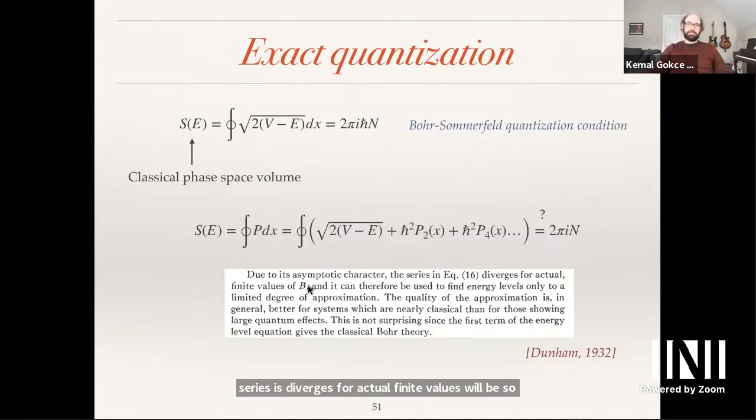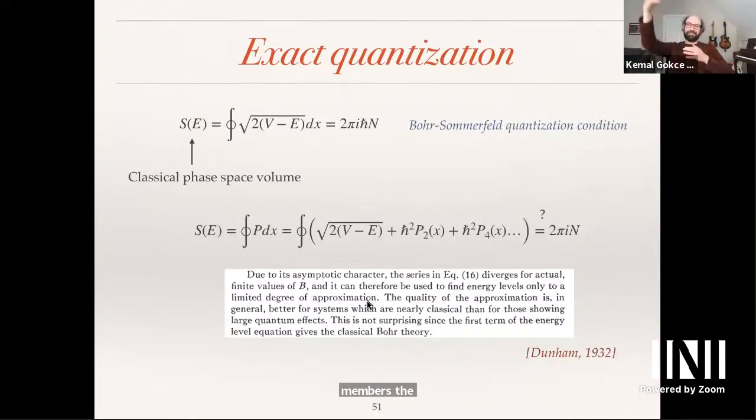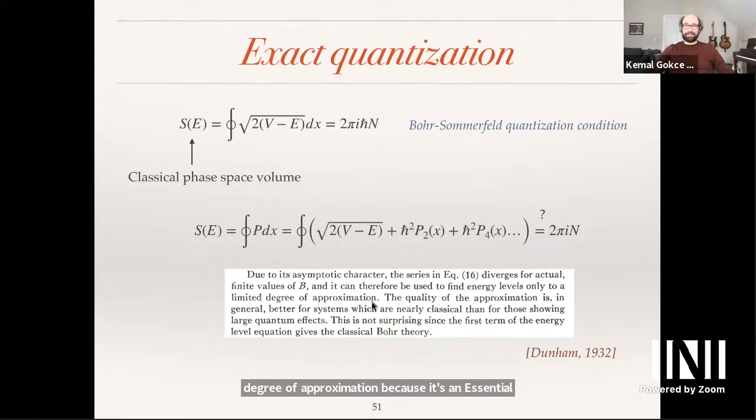And it can therefore be used to find energy levels only to a limited degree of approximation because it's an asymptotic series. I think he's talking about optimal truncation. The quality of the approximation is in general better for systems which are nearly classical, H bar is small. For those showing large quantum effects, this is not surprising since the first term of the energy level equation gives the classical Bohr theory.